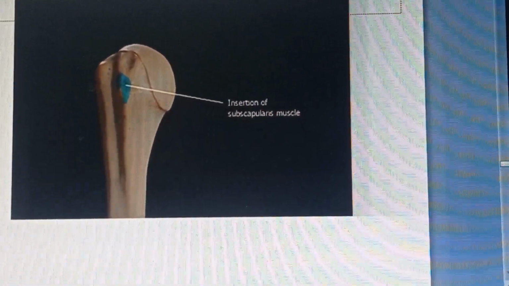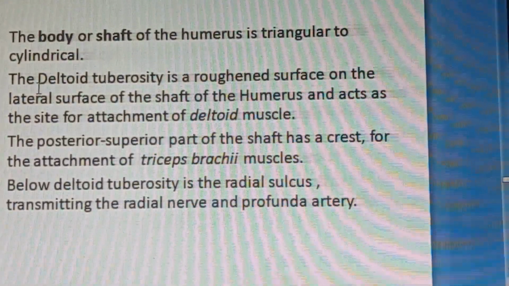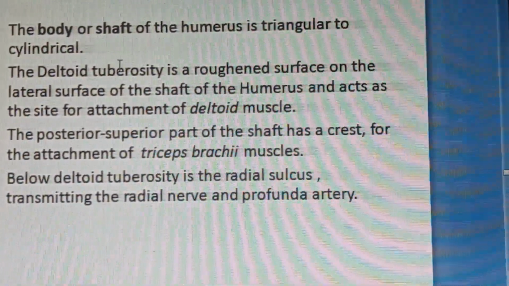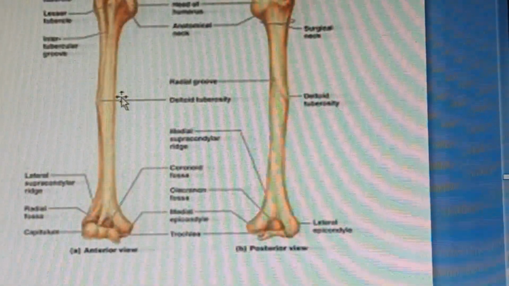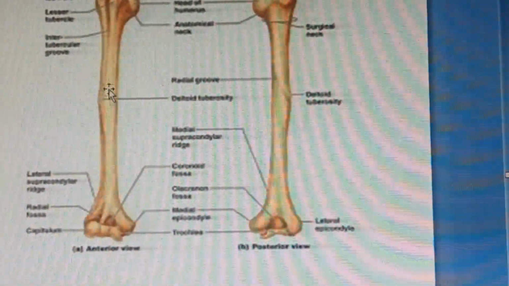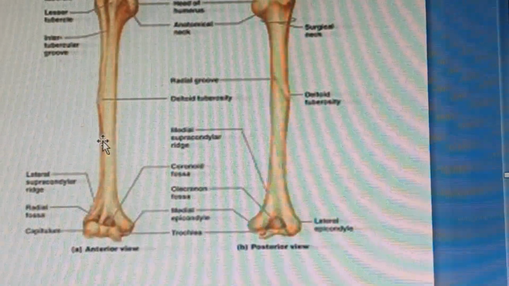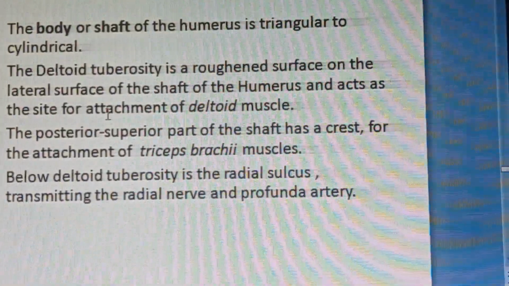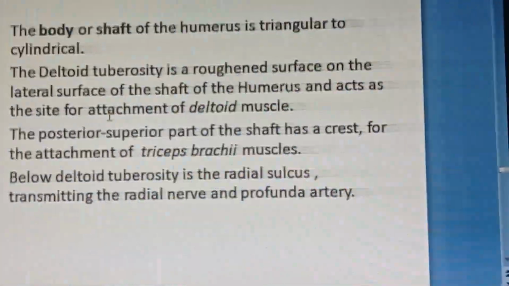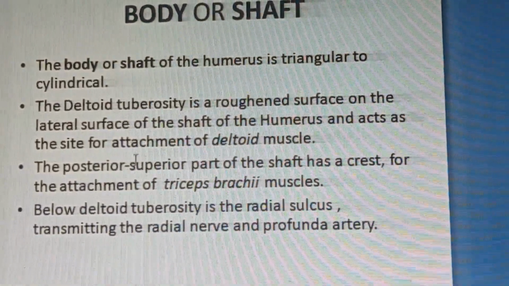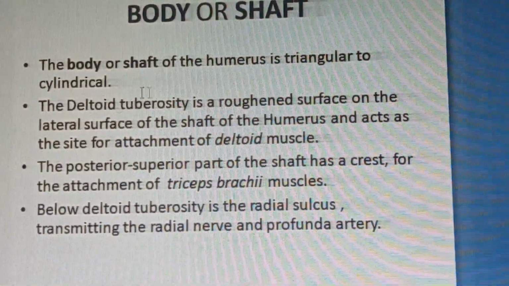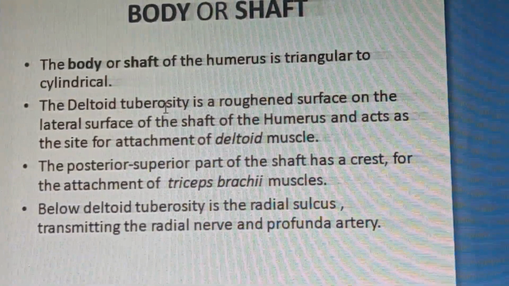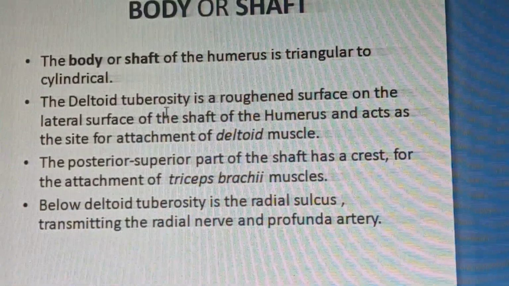Now come to the body or shaft. The body or shaft of the humerus is triangular to cylindrical. This is the shaft or body. The deltoid tuberosity is a rough area. Tuberosity, tubercle, trochanter, they represent rough areas on the bone, and this is for the attachment of muscles.